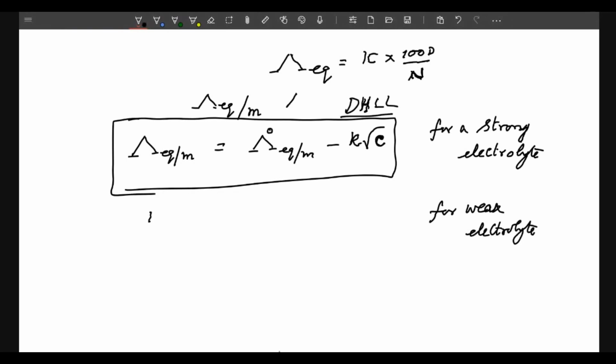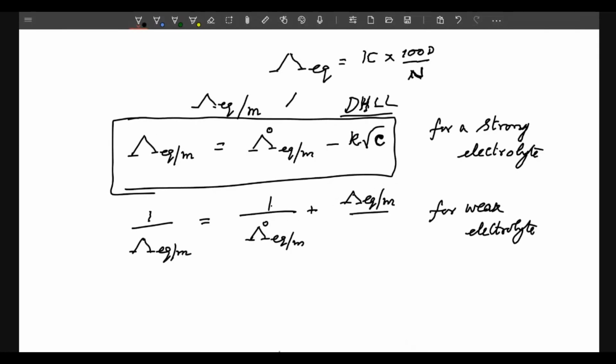That separate equation is: 1 by lambda, the equivalent or molar conductance of a weak electrolyte, is equal to 1 by lambda naught, the limiting equivalent or molar conductance, plus the equivalent or molar conductance divided by the infinite or limiting equivalent and molar conductance.